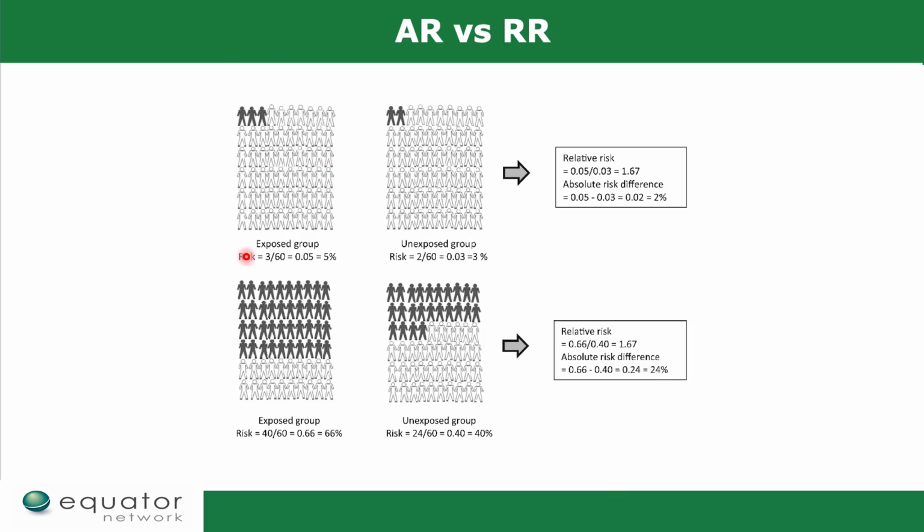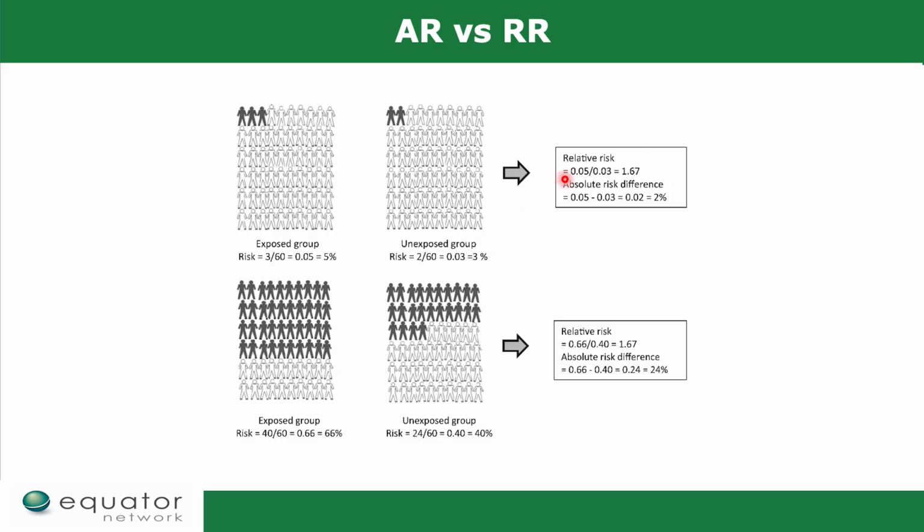In this study, we have a group of patients, the exposed group, 60 patients, and three of them develop the outcome, so the risk is 5%. And then the unexposed group, just to develop from 60, is a risk of 3%.